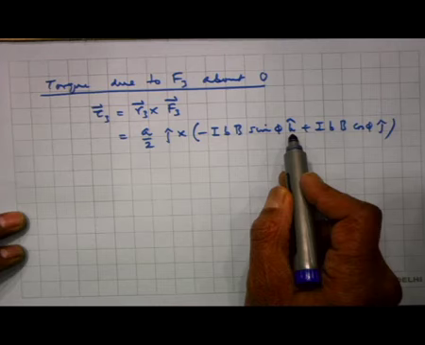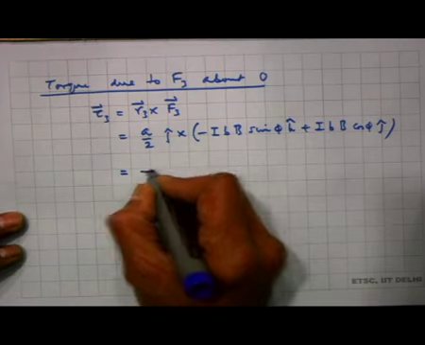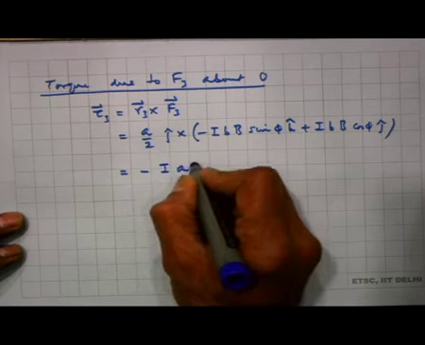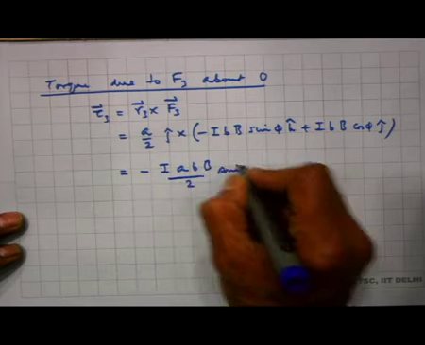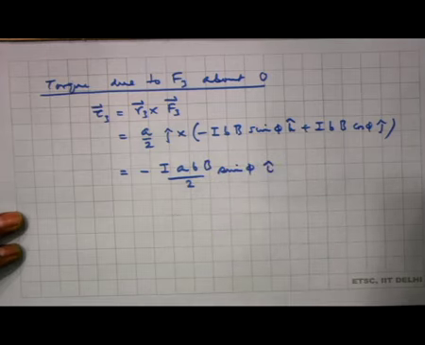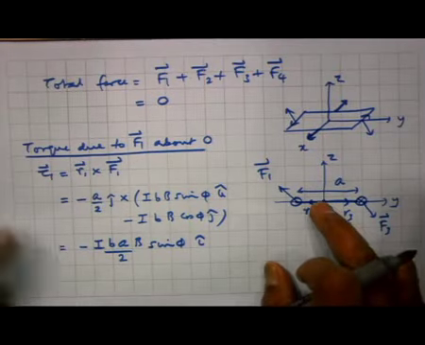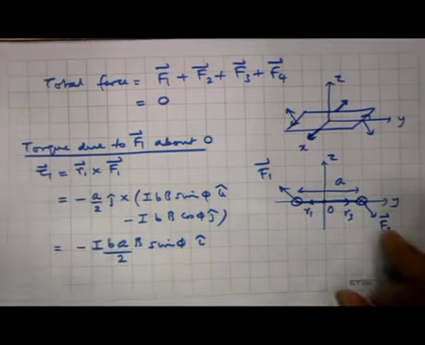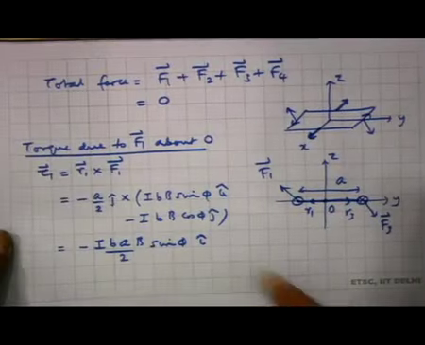J cap cross k cap is i cap, j cap cross j cap is 0. So, I get again, with the minus sign here, minus I a b B by 2 sin phi i cap. So, the torque due to force F 1 around this point is this, torque due to F 3 around this point is also the same, and they are in the same orientation.